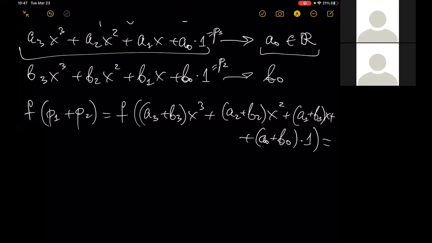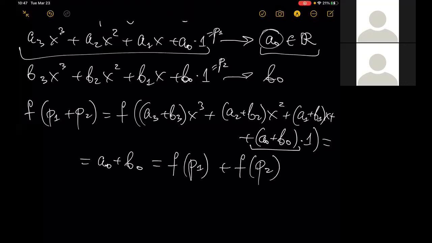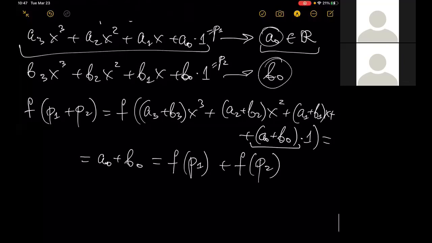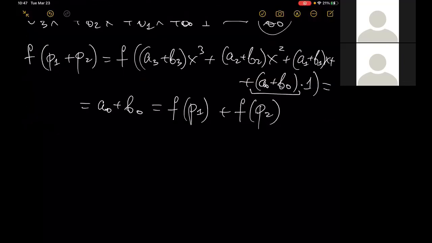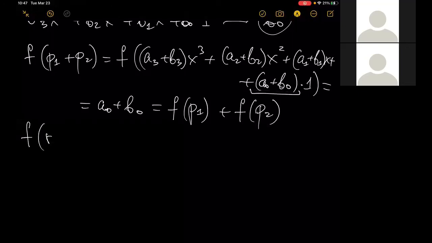But this I know will be just this coefficient, a0 plus b0, right? But this correspondingly I can write as F of polynomial 1 plus F of polynomial 2, a0 plus b0. So I have preservation of a sum.